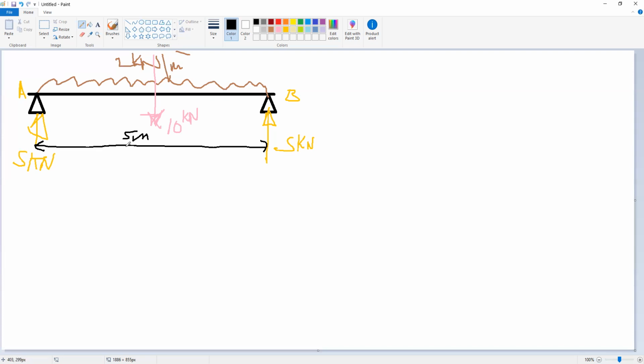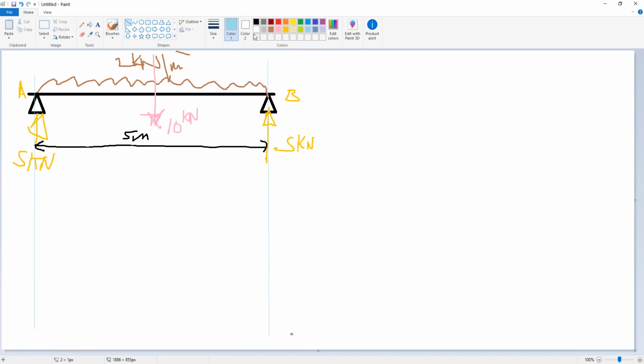Okay, then after that, we need to draw the shear force diagram. So I will create a datum here. Okay, so we have two guidelines here.